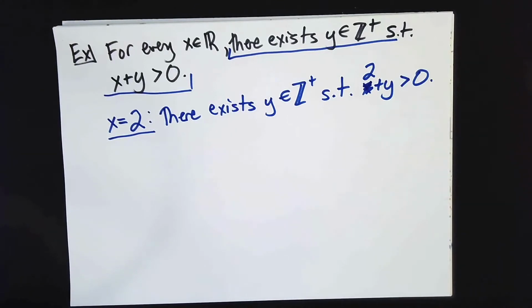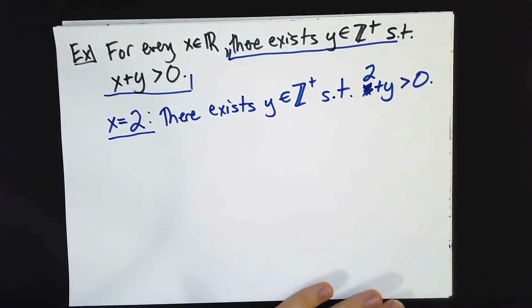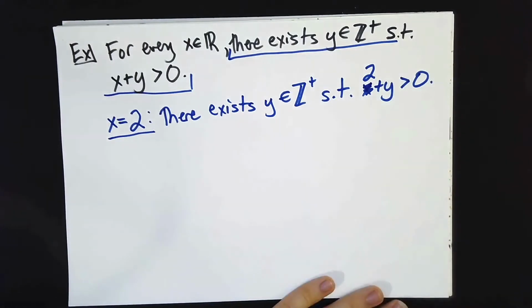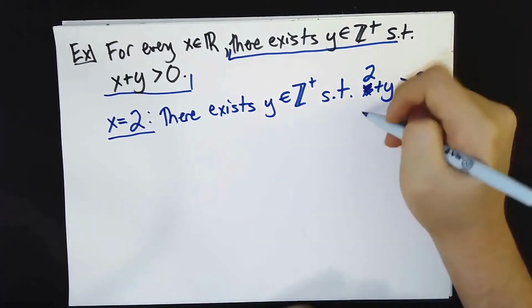That's definitely true. For example, y equals 8 would give me 2 plus 8, which is 10, which is positive. Or probably most of you would think, oh, if y was 1, then 2 plus 1, that would be 3, that would be positive. That works just as well. Okay, this statement's definitely true.